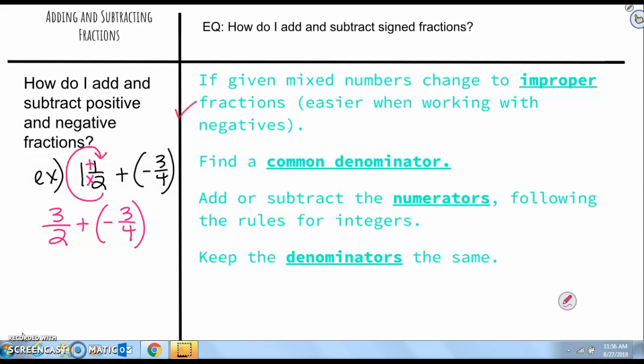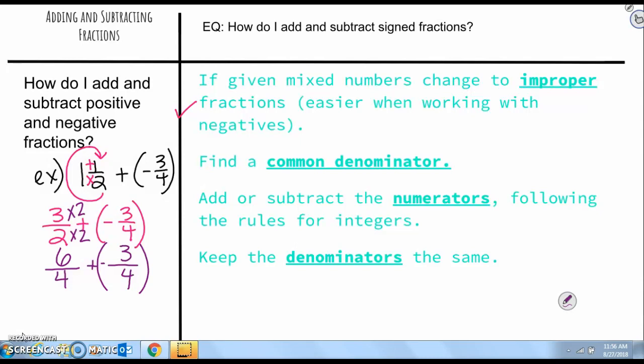Now we find our common denominator. My least common denominator for 2 and 4 is 4. My second fraction stays the same. I know that 2 times 2 is 4, so I multiply my numerator times 2 to get 6.